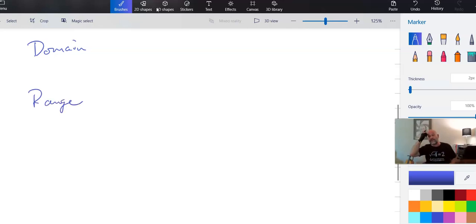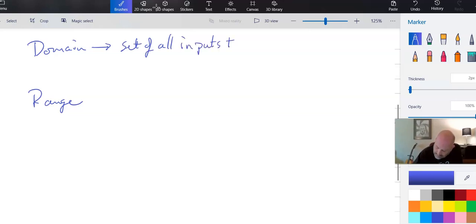It's a lot easier if you just look at your graph to be able to see what the domain and the range is. The domain is the set of all inputs to a function.